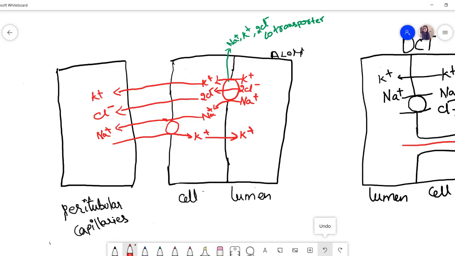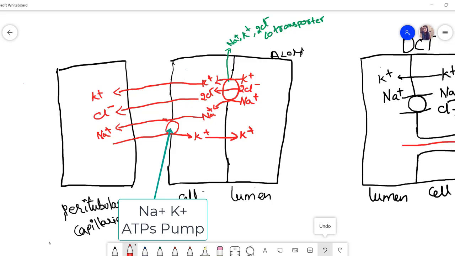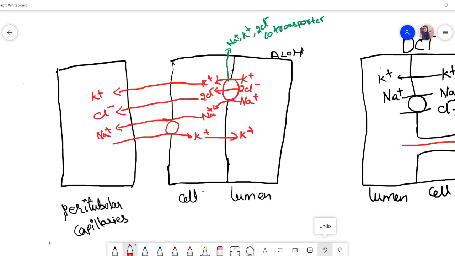It will return back to lumen. Okay, so what is happening in this? You have a co-transporter called the sodium potassium chloride co-transporter, and you have three ions: potassium, two chlorides, and sodium. Due to this transport, the potassium, chloride, and sodium will travel together into the cell, and from the cell to the peritubular capillaries.